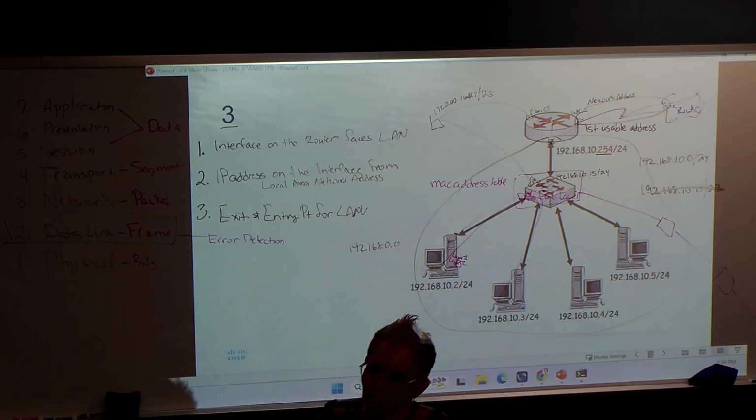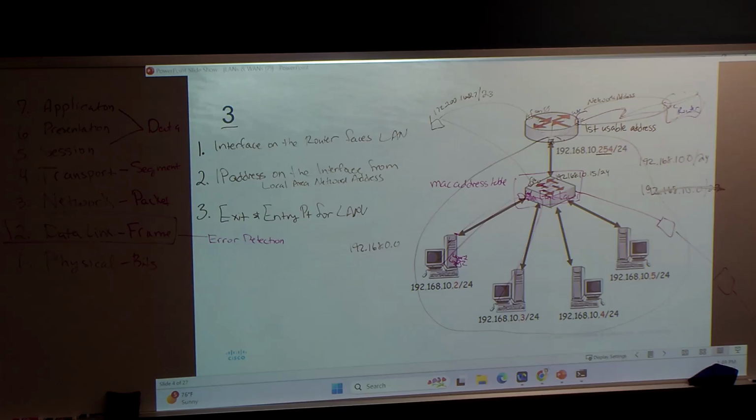And that's happening between 1 and 2. Is this fiber optic? Is this electricity? Is this wireless? That's all a layer 2 and a layer 1 function, okay?